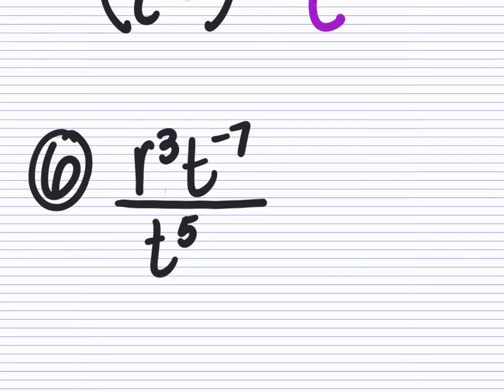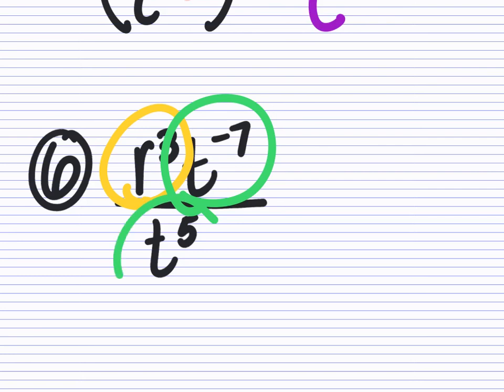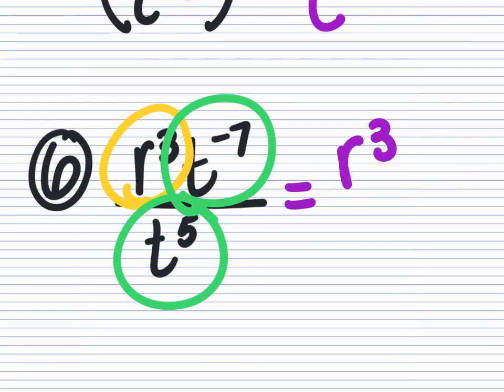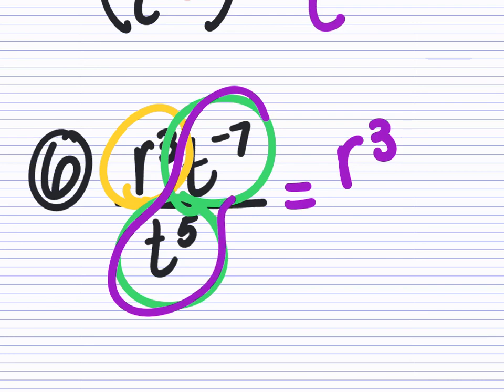For number 6, we have two different bases. We have r to the 3rd, and then we have our t's. So here we're dividing bases. First up, our r to the 3rd is not getting divided by anything, so that's going to stay. Then we're going to use a division rule, which means I'm going to subtract my exponents.